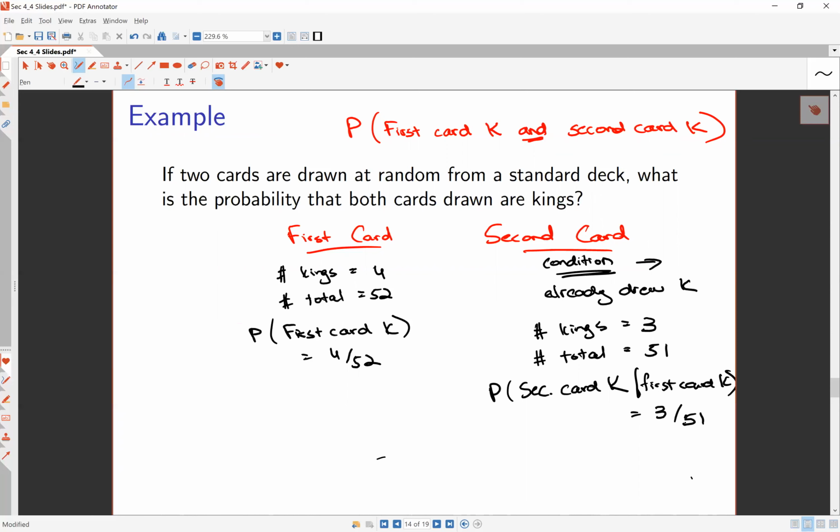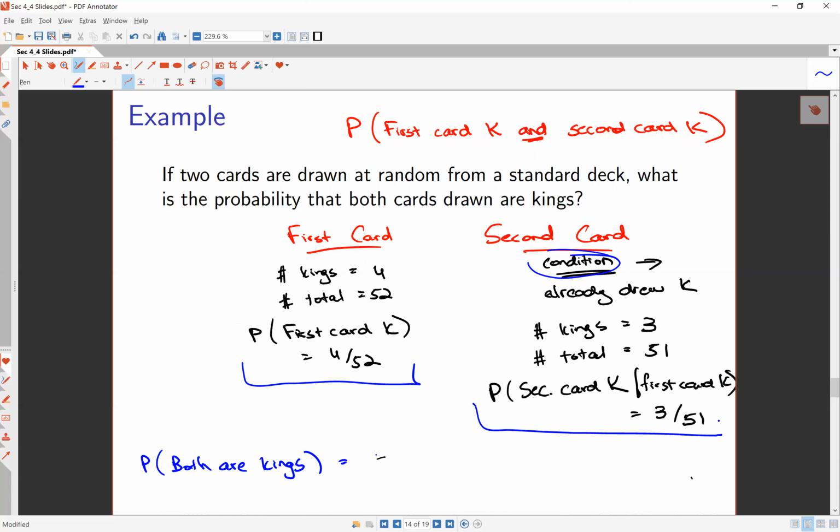Now I have my one probability for the first event. I have the probability for the second event conditional on the first. Like I applied that conditioning. And so the probability of the AND statement that both are kings is the product of the two probabilities, 4 over 52 multiplied by 3 over 51.